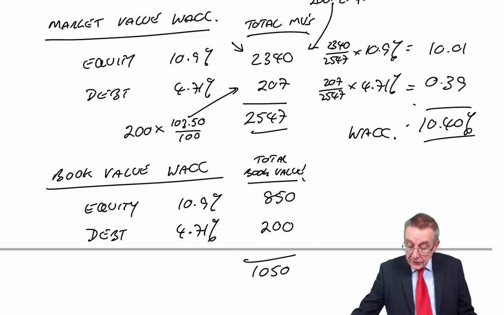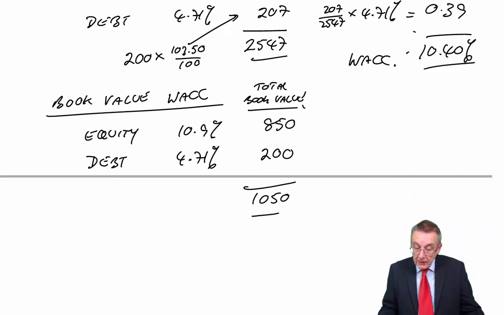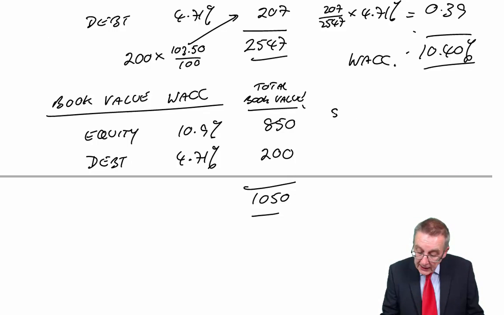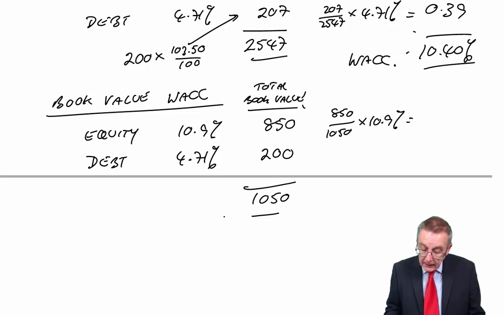However, the weighted average, same logic as always. This time, equity is 850 out of a total of 1,050. That proportion of 10.9. Debt, 200 out of 1,050.